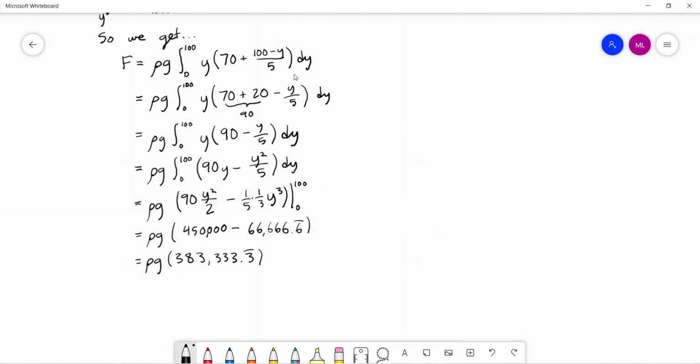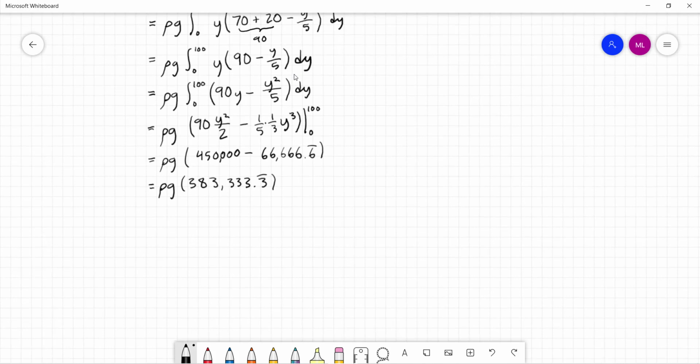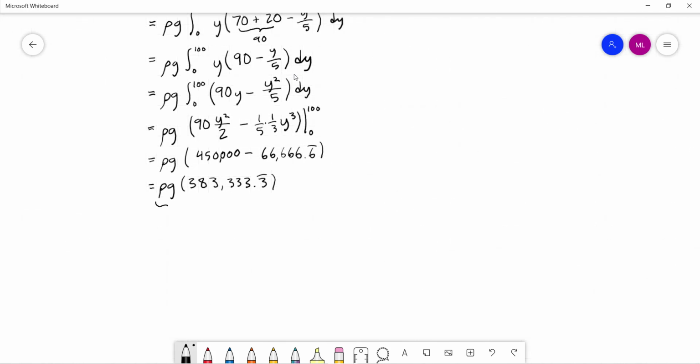So we need the density of water and the gravitational constant, both of them in feet, in imperial units. I'm just going to give us what this constant works out to, and you can feel free to plug in this constant if you remember it. This rho g winds up being 62.5.